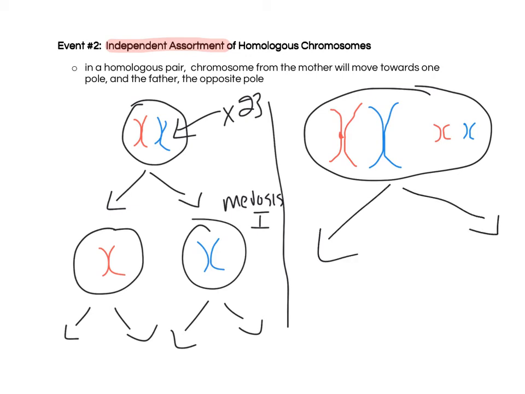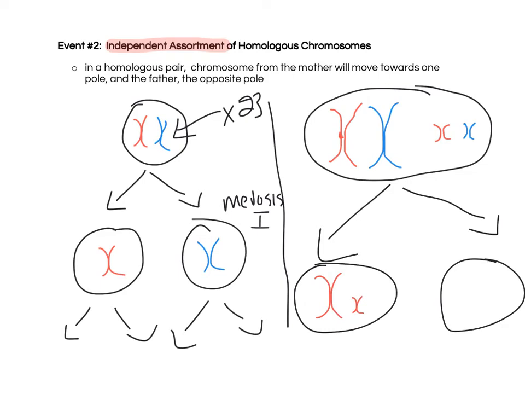But the thing is that there are lots of possibilities of how that could happen, right? We know we're going to end up with 2 different cells, but maybe we have the case where the big red goes with the little red. Maybe we have the case where the big blue goes with the little blue.